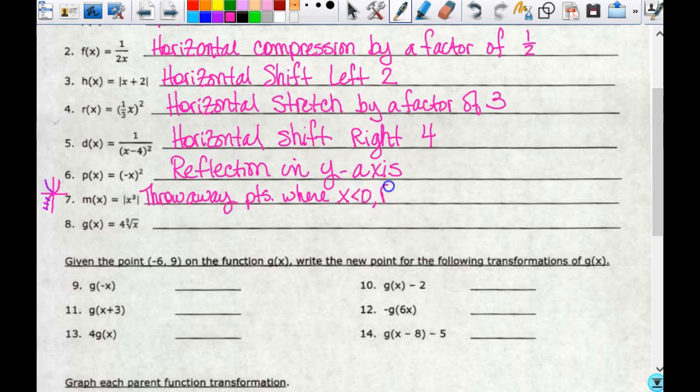Then you reflect points where x is greater than or equal to 0 across the y-axis.